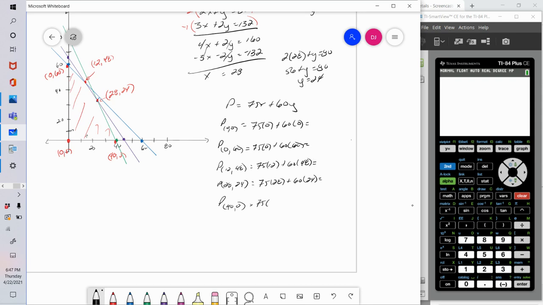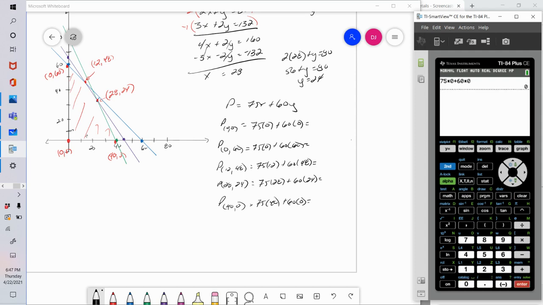And then 75 times 40 plus 60 times 0. Now what I like to do to speed myself up here, rather than doing 75 times 0 plus 60 times 0, which I know is 0, you don't need to do this. But you're doing all 5 of these multiplications, which you can certainly do.